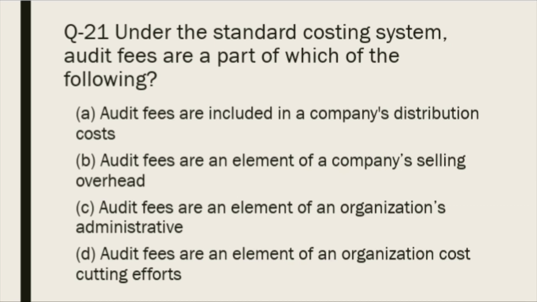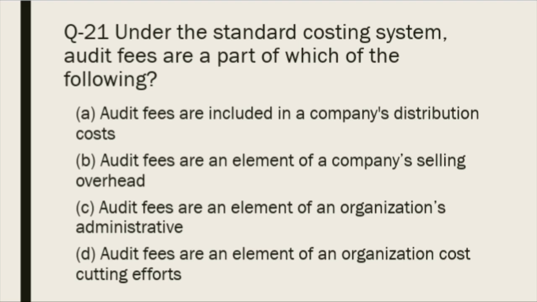Next one. Under the standard costing system, audit fees are a part of which of the following? Option number 1. Audit fees are included in company's distribution cost. Option number 2. Audit fees are an element of company's selling overhead. Option number 3. Audit fees are an element of organization administrative. Option number 4.